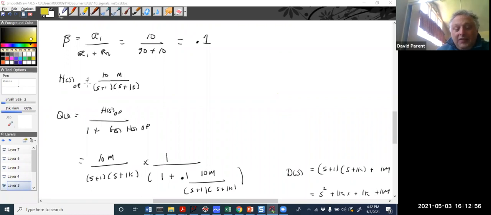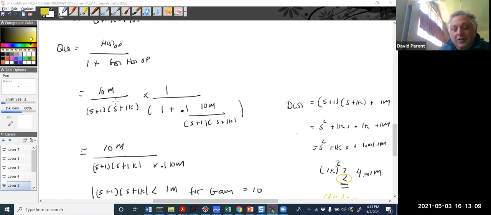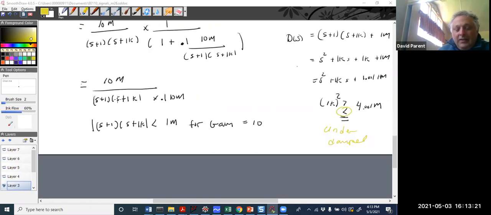Here's the H of S of the op amp, and Q of S or the H of S of the circuit. It's just that classic control equation, where you have a summer and a transfer function and then V out. So I just write that out, multiply through the denominator, and I get the equation which I have to operate on.